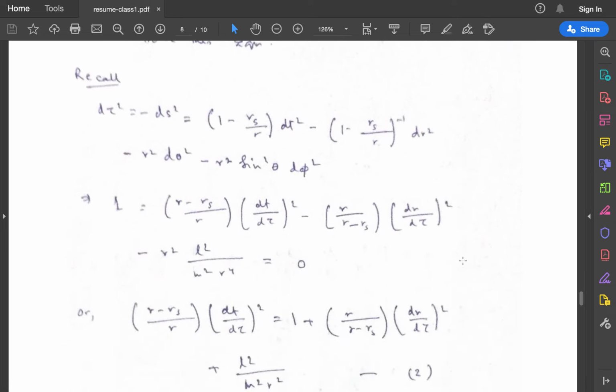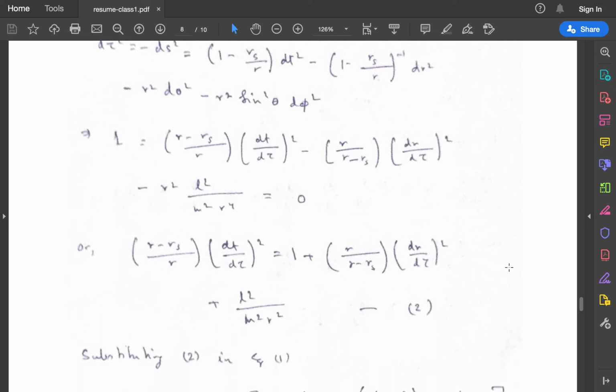So this becomes 1, and this becomes dt by d tau, this becomes dr by d tau, and this will be r square l square by m square to the power 4. So how this comes, just check. This is very straightforward. You don't have to do much, but you just want to do it yourself.